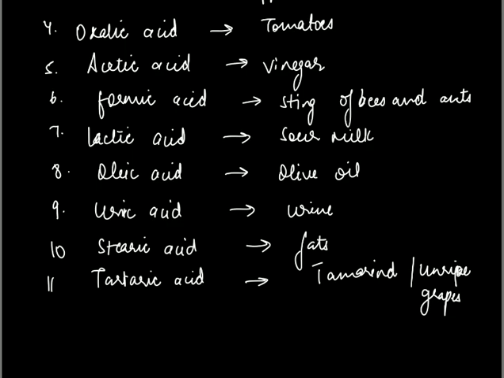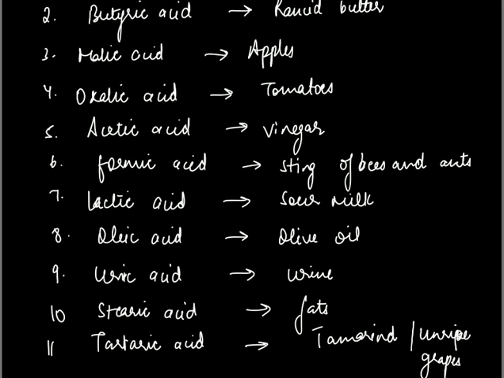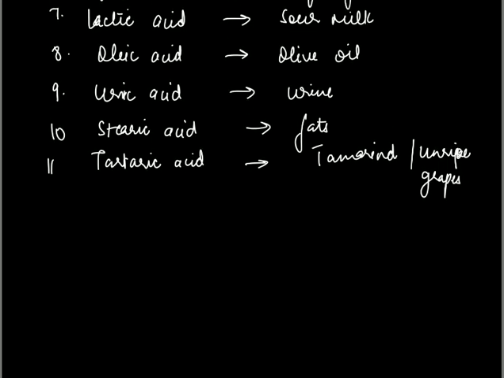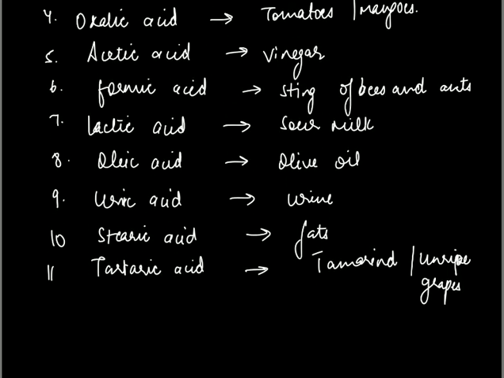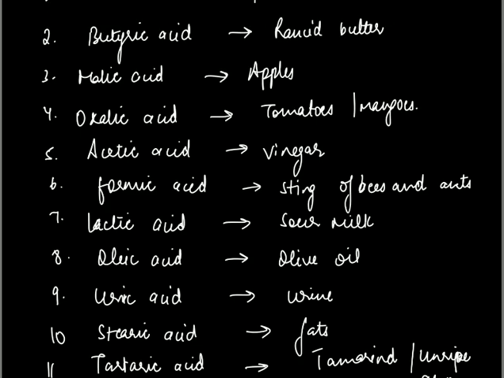Then oxalic acid, we already mentioned tomatoes, or it can be mangoes also. Then, moving ahead to inorganic acids, before that we can actually discuss the uses.